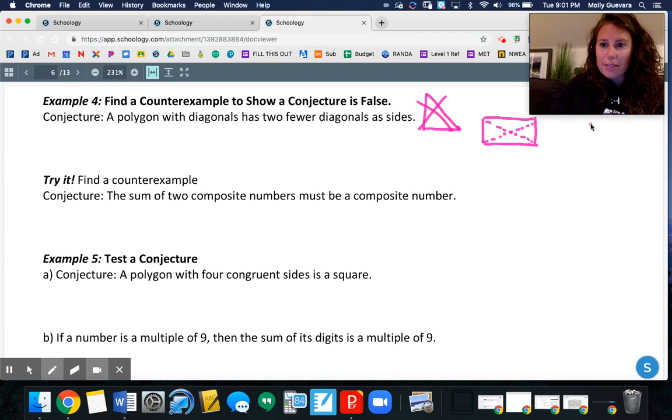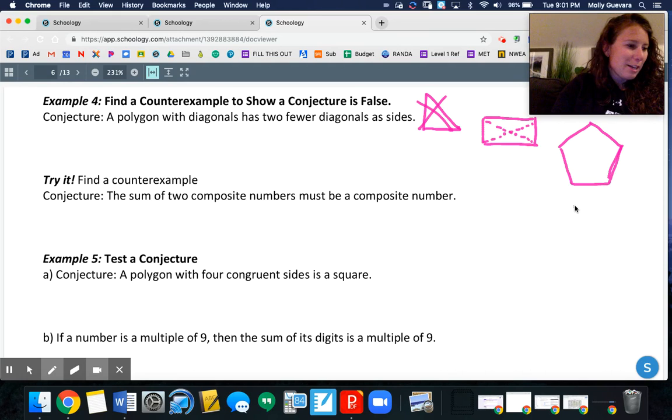Now let's draw a 5-sided shape. I'm going to draw a pentagon, and it's probably going to be really poorly drawn, but we're doing our best. Okay, so here's a pentagon. I'm going to draw all the diagonals. I have one here.